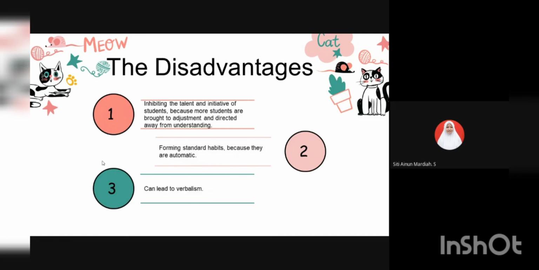The disadvantages of the training method: the first is inhibiting the talent and initiative of students, because students are more brought to adjustment and directed away from understanding. The second is forming standard habits because they are automatic. And the last is that it can lead to verbalism.